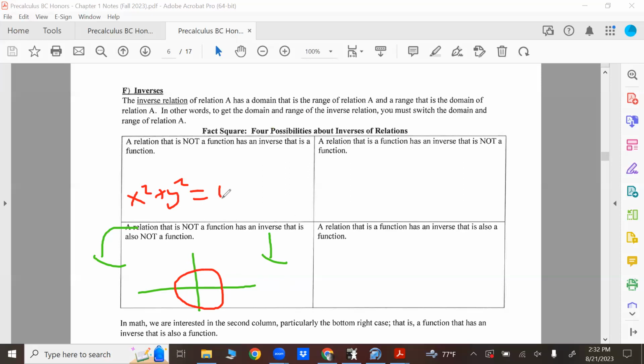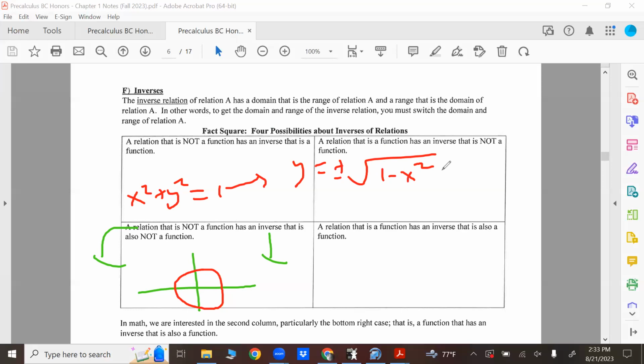More specifically, this relationship is circular. But the thing is that if you try isolating y, you have y equals plus or minus root 1 minus x squared. Because of that plus or minus, you have more than one output, right? And because of the x squared, you can plug in 1/2 and negative 1/2 and still get the same situation.